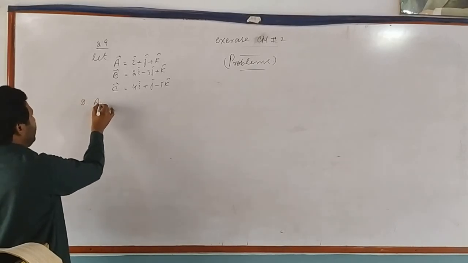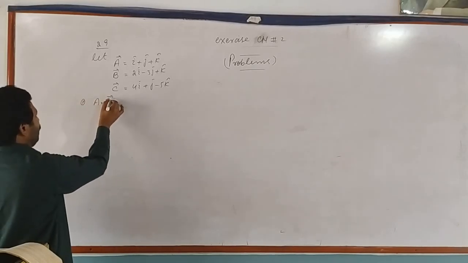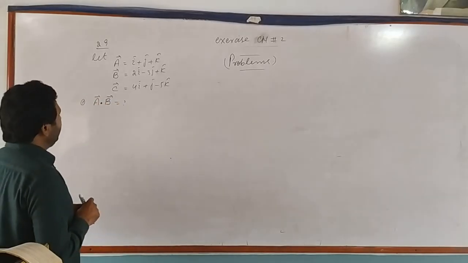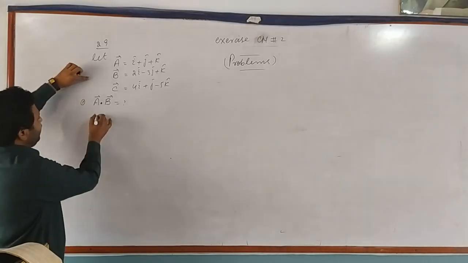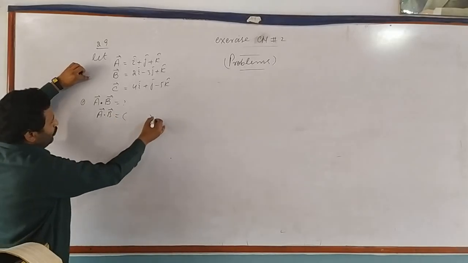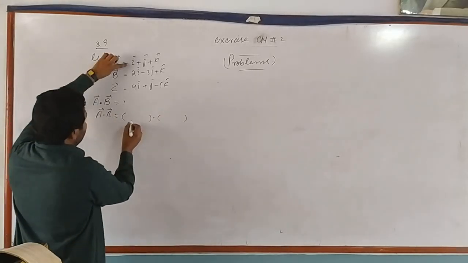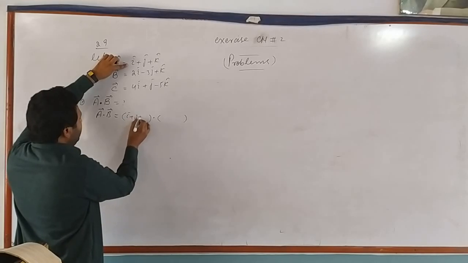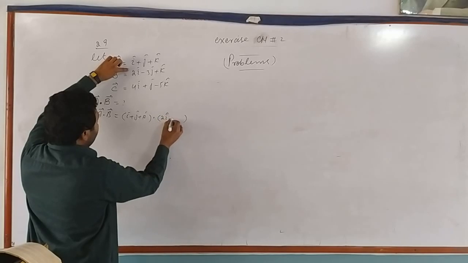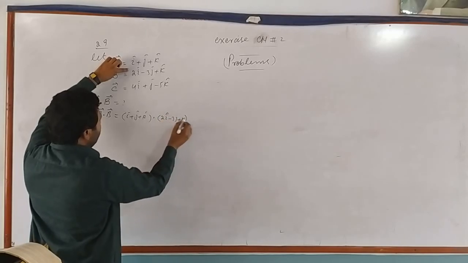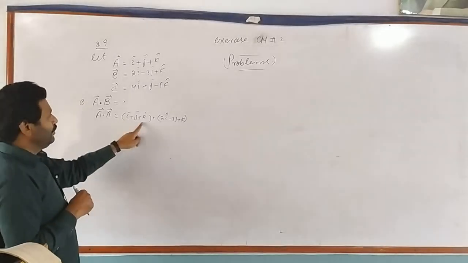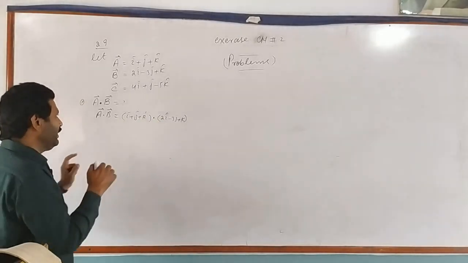Let vector A dot vector B. We multiply two vectors, vector A and vector B, by the dot product technique. The resultant will be vector A dot vector B is equal to, putting the values of vector A and vector B in these brackets, 2i minus 3j plus k. Now we multiply these six values by the dot product technique.